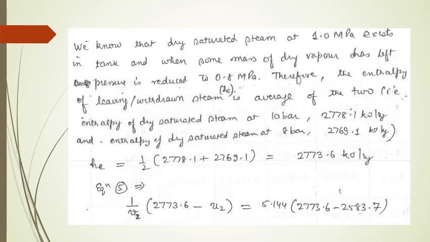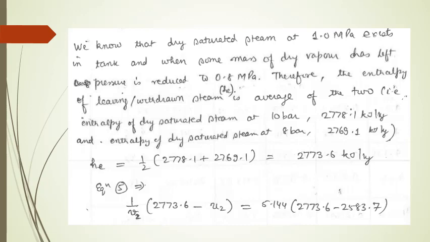Because when we started the withdrawing process, the pressure in the tank was 1 megapascal, that is 10 bar, and when it has been evacuated slightly, then the pressure is 8 bar. So we average them and we get the value of He as 2773.6 kilojoule per kg.